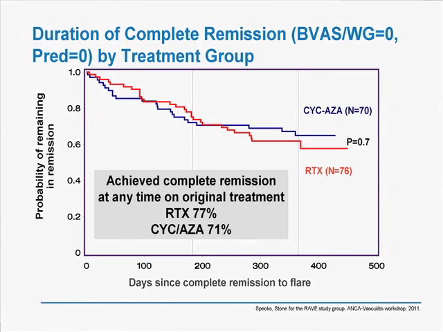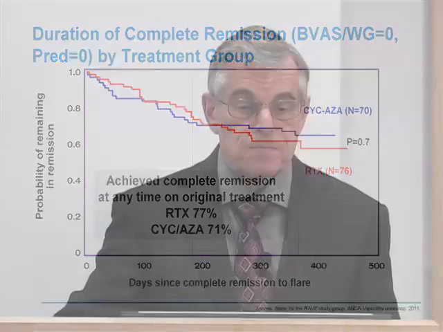And when we look at the data from that study, looking at the probability of remaining in remission over the period of follow-up, we see that over 70% of patients in both groups, numerically a little more in the rituximab group, but not statistically significant, remained in remission, had remission achieved within the 18-month period.